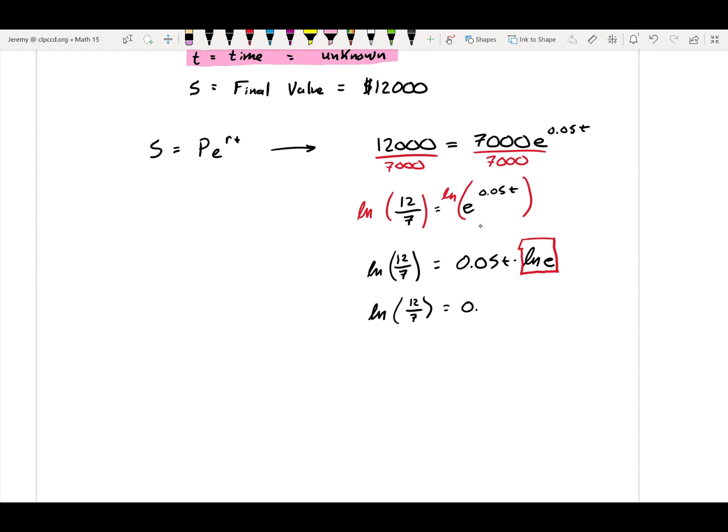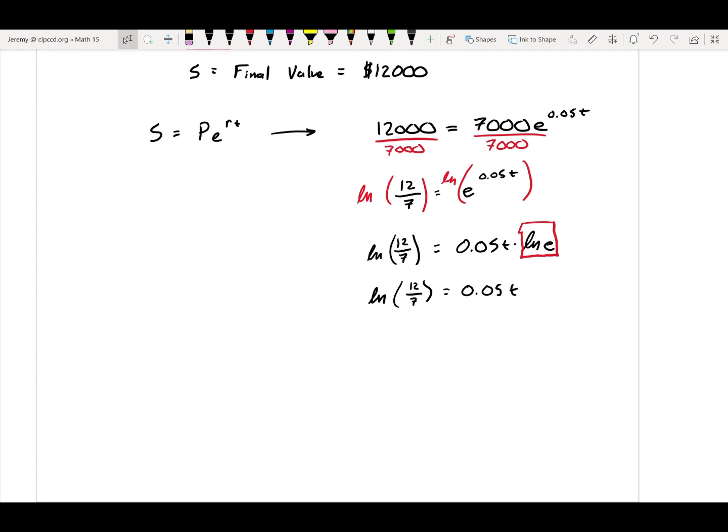Whoops, 0.05. And I'm very close. I just have to divide both sides by 0.05. So the natural log of 12 over 7 divided by 0.05 is equal to t.